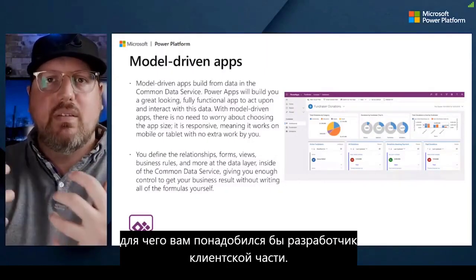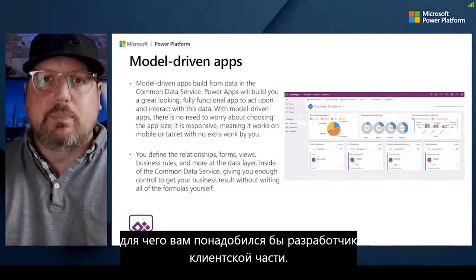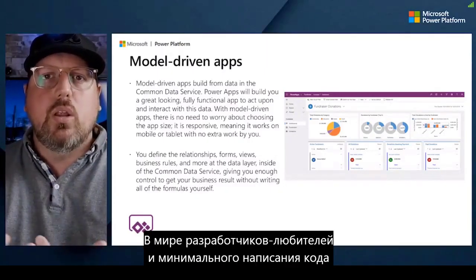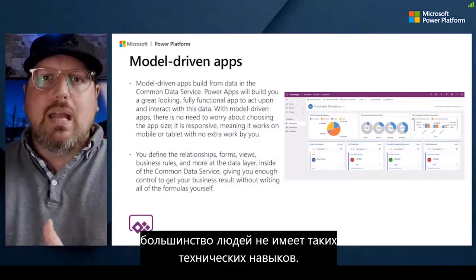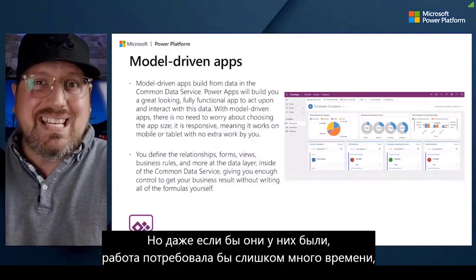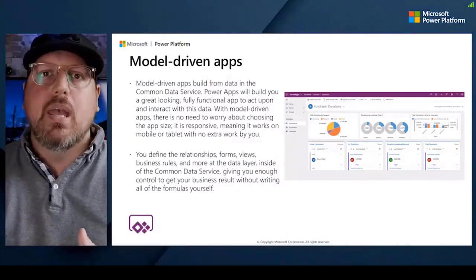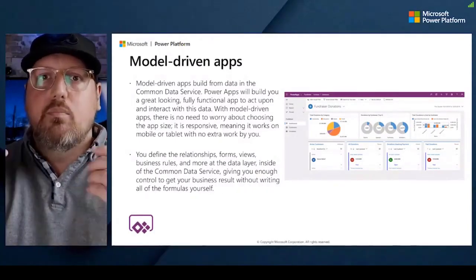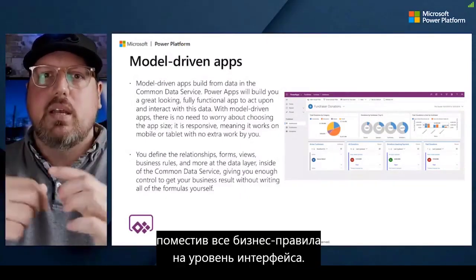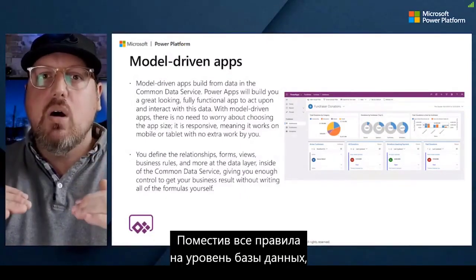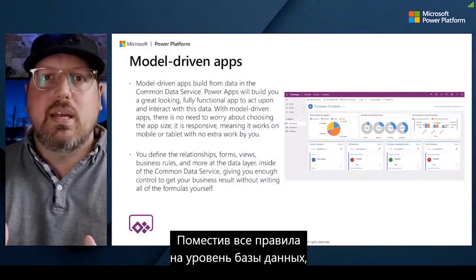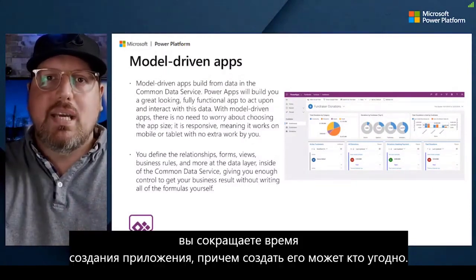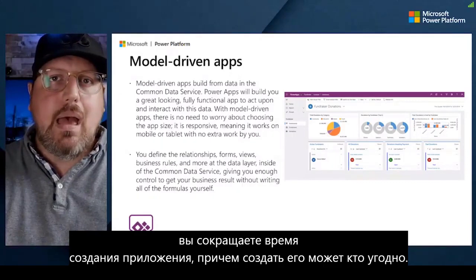So you would have a front-end developer building all of that. In a citizen developer world with low code, most people will not have the technical skills. Plus, if they did, it would take way too much time. And you would rely too heavily on them doing the right thing, putting all of those business rules at the UX layer. So by putting all those rules at the database layer, not only do you reduce the time it takes to build an app, anybody can build an app.